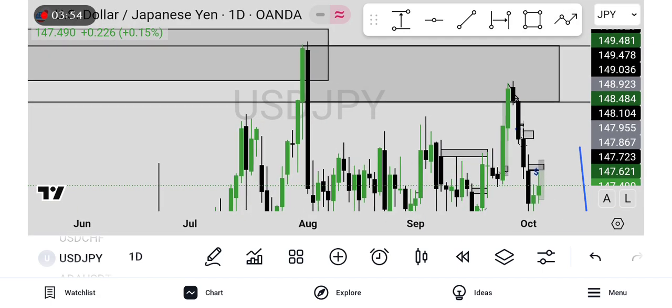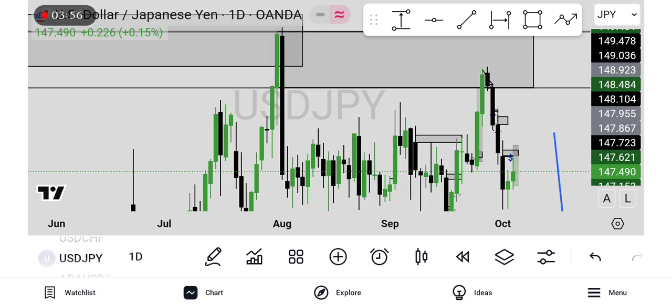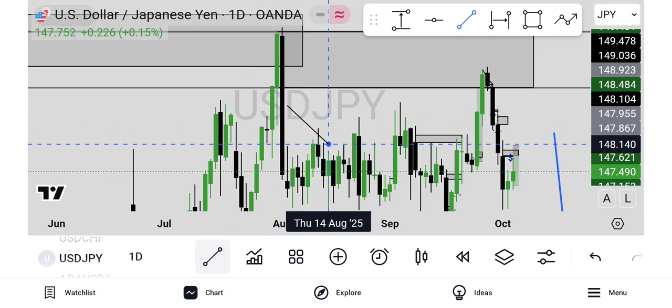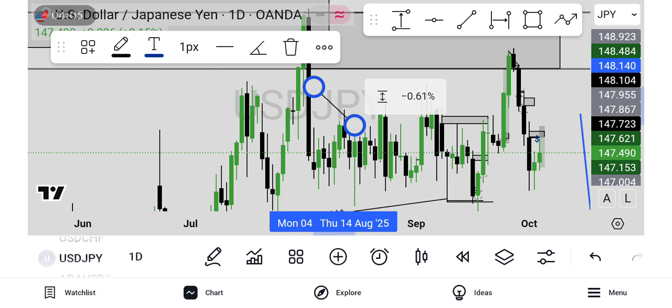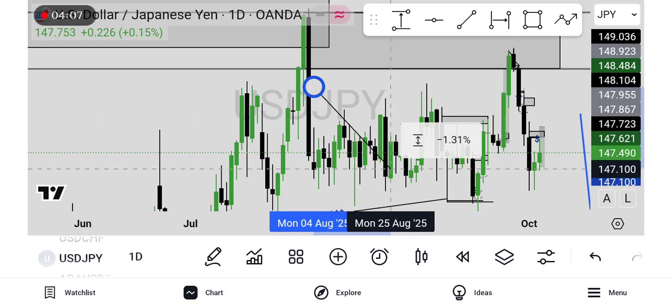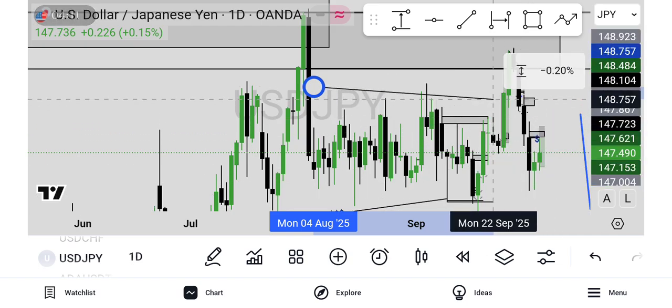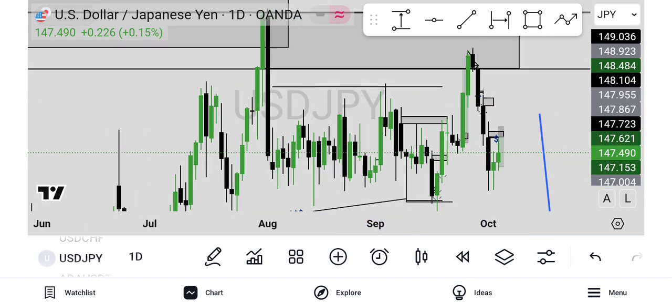So after marking it, I waited for price to reach that point, and I knew that these are liquidity. All this here, they are all liquidity that it will later come up, sweep before going down. So this was liquidity.